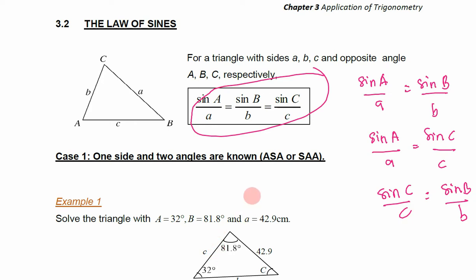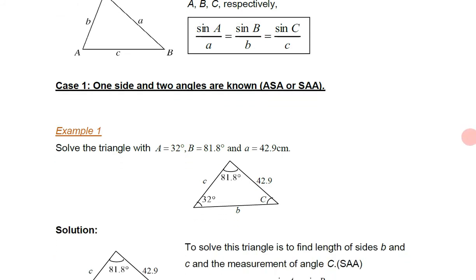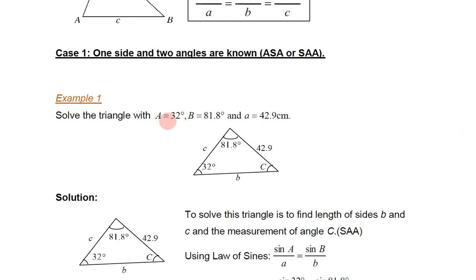For example, let's look at this. We have angle A equal to 32 degrees, angle B equal to 81.8 degrees, and a length a of 42.9. So here you have angle, angle, meaning we have two angles and one side.